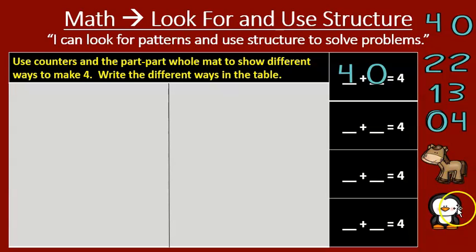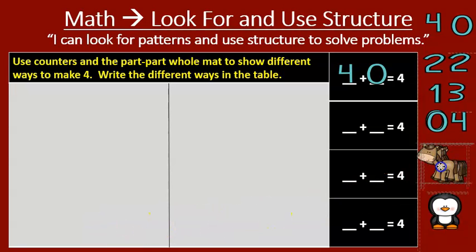Now, we're going to use the horses and penguins again, okay? What's this number again? 4. So all our numbers gotta equal 4. Let's use the horses again, okay? Remember, we cannot go over 4 on this side, and we can't go over 4 on this side. They both gotta equal 4, okay?